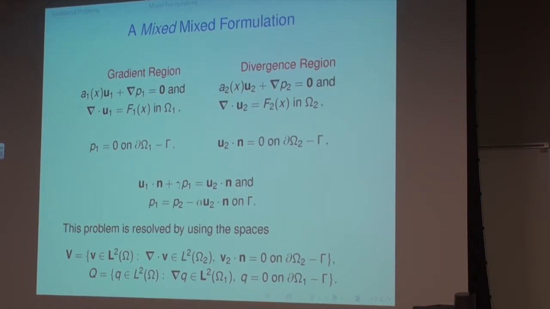Okay? And now on their common interface between the two regions, I get boundary conditions of this type. In other words, the pressures don't have to match up, but they can differ by something involving the normal flux. Likewise, the normal fluxes don't have to match up because they can differ by something involving the pressure. There are situations when you would like to solve that rather exotic-looking interface condition, but you can't do it with any one of those problems by itself.